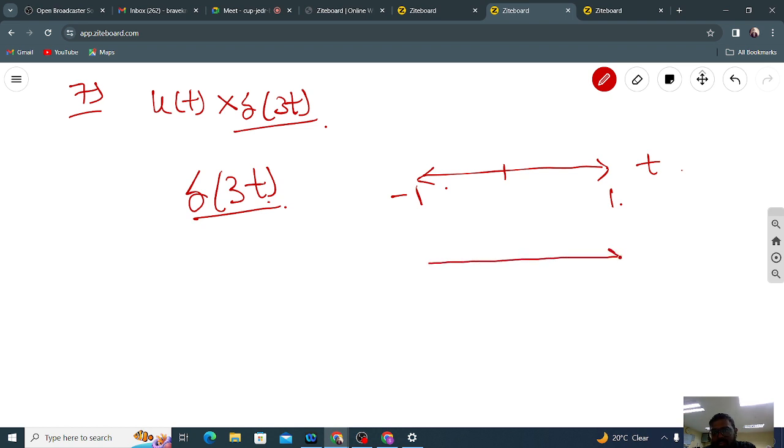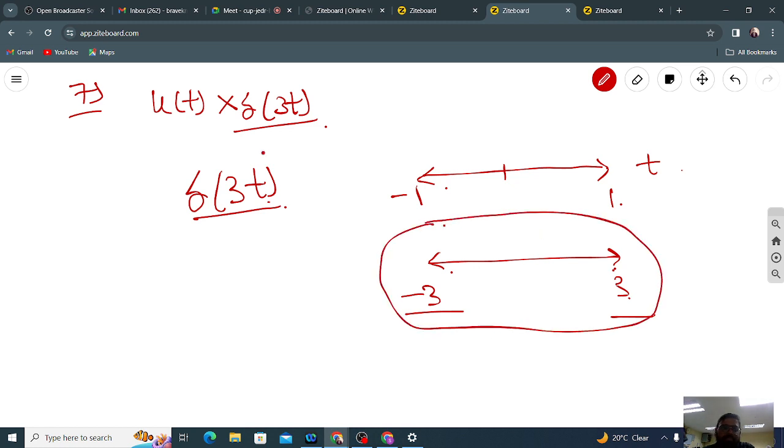If it is 3t, this value will go to minus 3 to plus 3. So this is the scaling property. If t takes the value 1 and t takes the value minus 1.